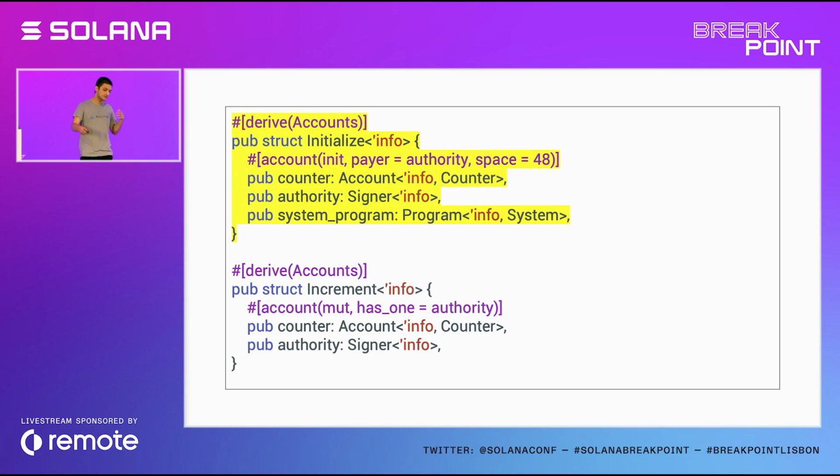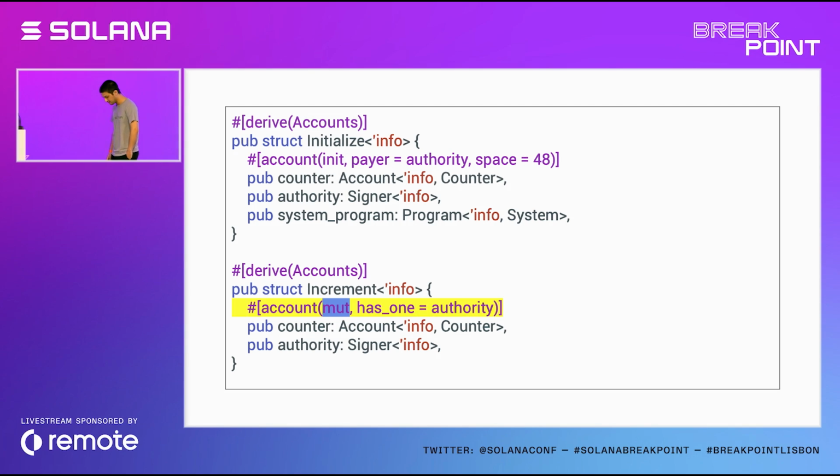So all of this comes together to effectively give you this guarantee that if you have one of these structs, then you have a brand new counter, the rent exemption was paid for by the authority, and that authority did indeed sign the transaction. So that's initialize. We can move down to increment, and notice we have this new mut keyword right here.